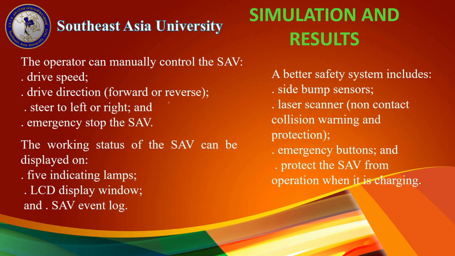And the operator can manually control the SAV, including drive speed, drive direction, forward or reverse, steer to left or right, and emergency stop the SAV. The working status of the SAV can be displayed on 5 indicating lamps, LCD display window, and SAV event log.